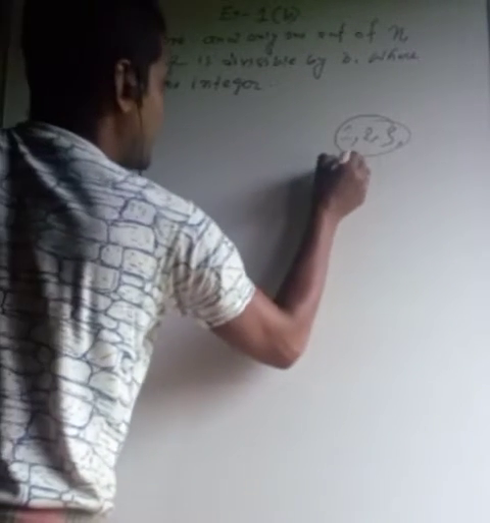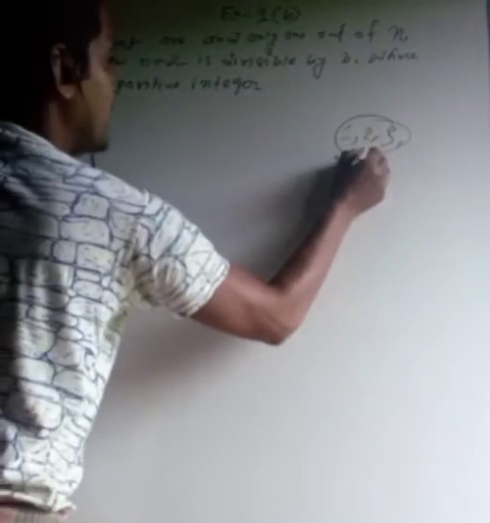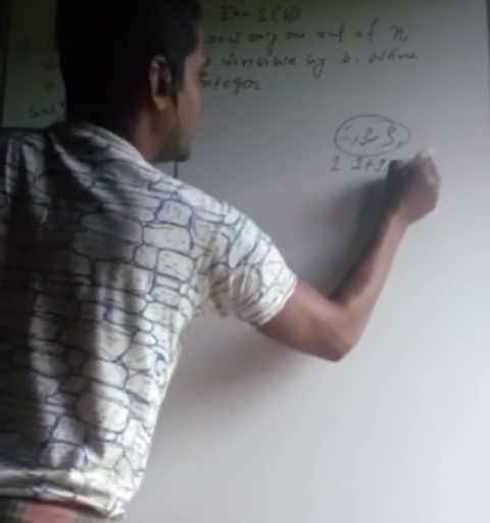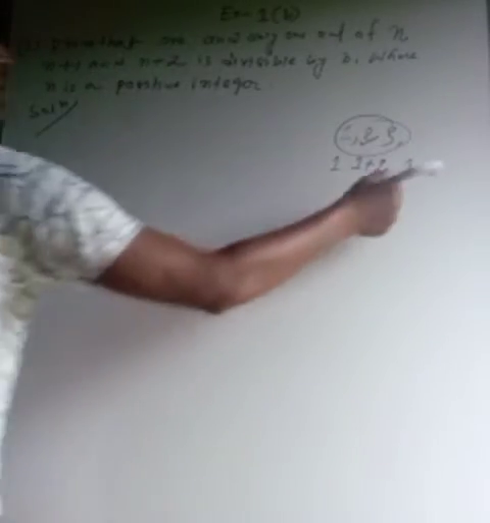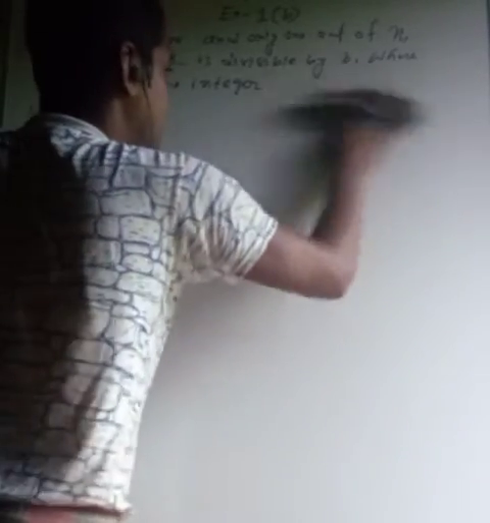Suppose n value is 1, then n plus 1 will be 1 plus 1, which is 2. Then the next one, n plus 2, will be 1 plus 2, which is 3. So we can say n, n plus 1 and n plus 2 are three consecutive integers.